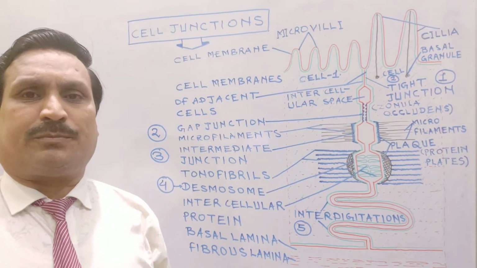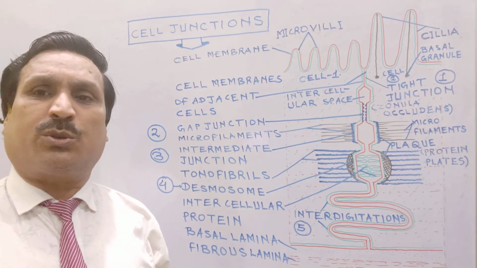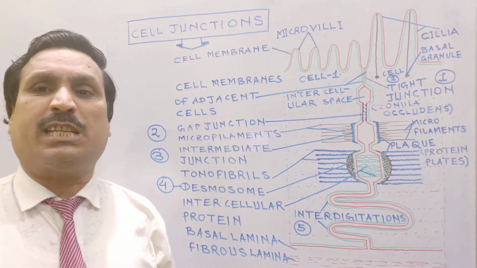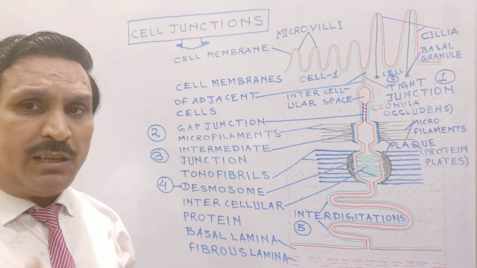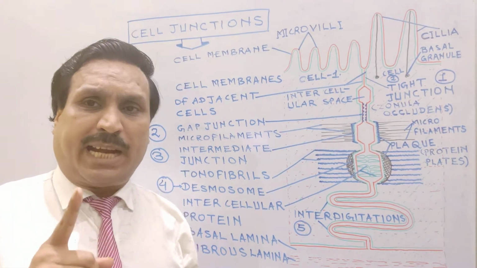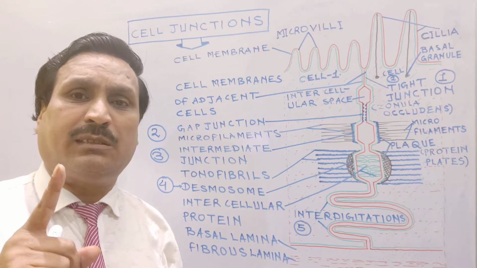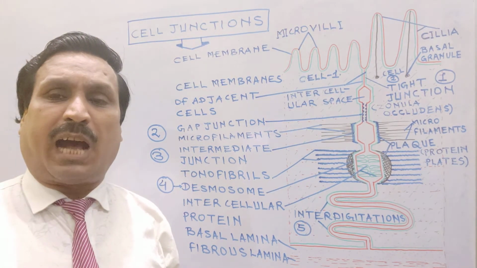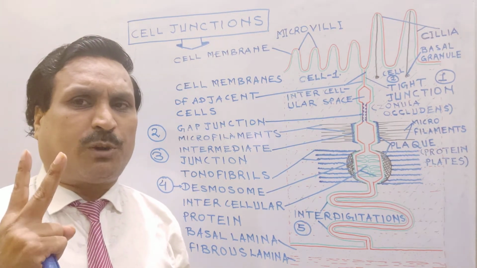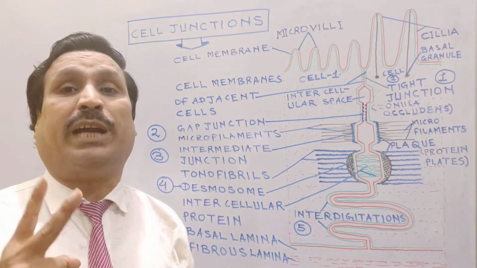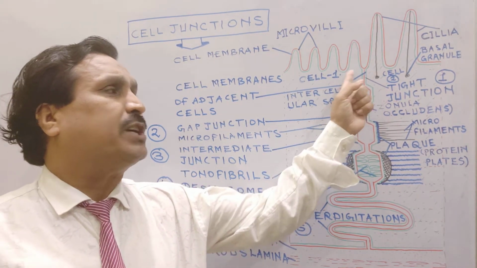Other than this, between the cells of the trophoblast of the blastocyst, tight junction is present in order to prevent leakage. Always remember, tight junction is especially to check leakage between the cells. A question is asked about the function of this tight junction. The second most important thing to note is that tight junction is present in the apical part of the adjacent cells.